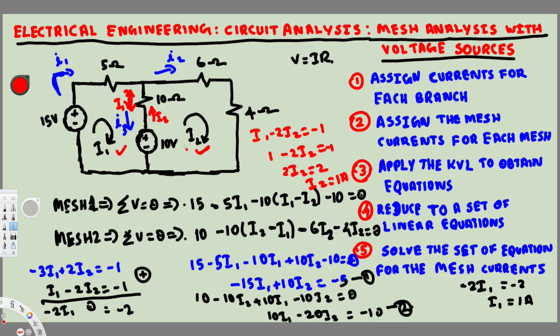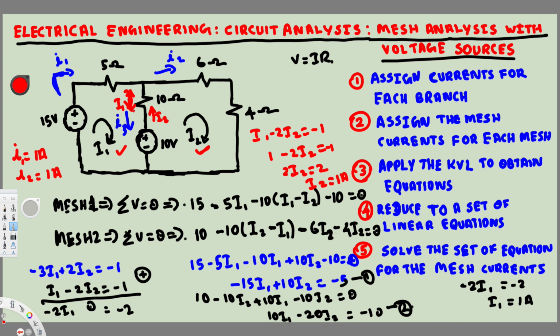Now if you want to find branch currents, if you see here, i1 is the only current passing through, right? So small i1 is going to be equal to 1 ampere. And also if you notice, in this branch only i2 is passing through, so i2 is going to be equal to 1 ampere.